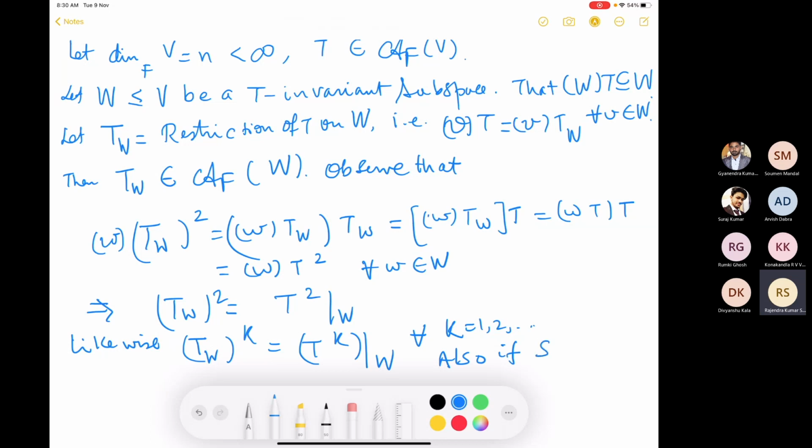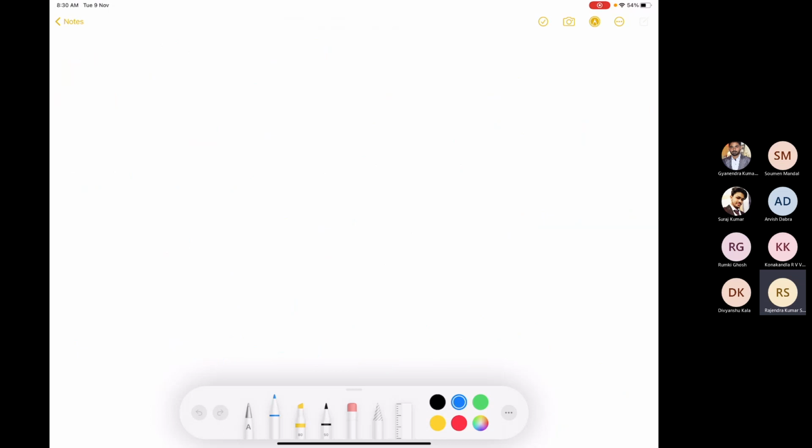If S also is a linear transformation here, then T plus S restricted on W is T_W plus S_W.